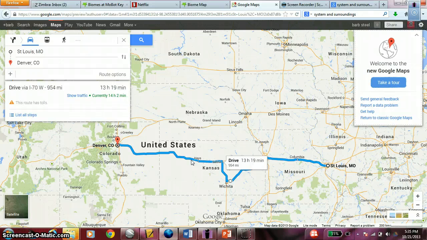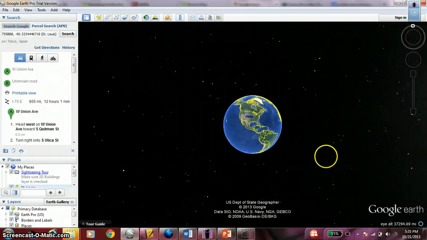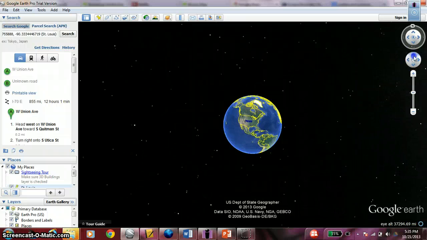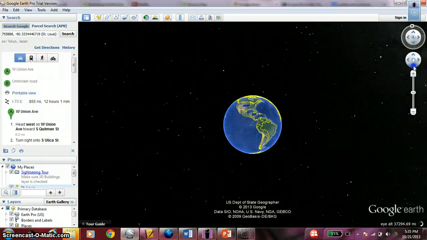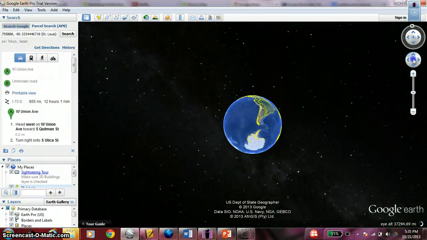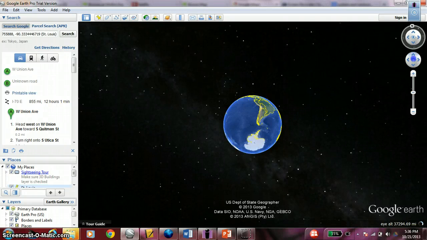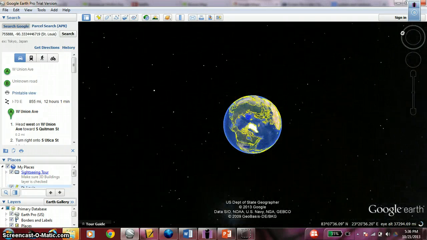Let's take another look at the relationship between St. Louis and Denver. This is a look of the relationship between St. Louis and Denver on Google Earth Pro, and this is really cool to mess with. So you can see the globe, and we're going to see if I can turn it this way so we can see.